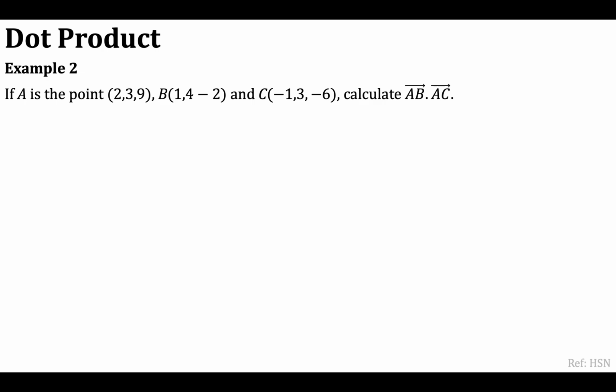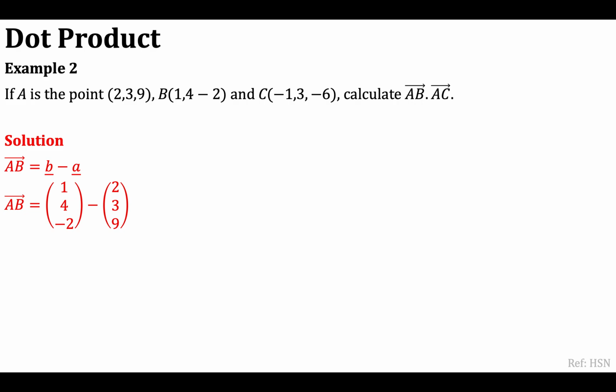Okay, welcome back folks. So example 2, if A is the point 2, 3, 9, B is 1, 4, negative 2, and C is negative 1, 3, negative 6, calculate AB dot AC. So as you might have guessed, we need to find the vectors AB and AC first. So AB, remember, is position vector B minus position vector A, and that's 1, 4, negative 2 minus 2, 3, 9.